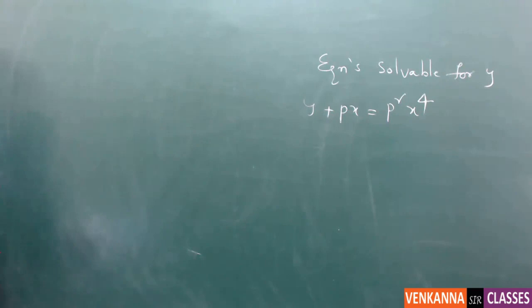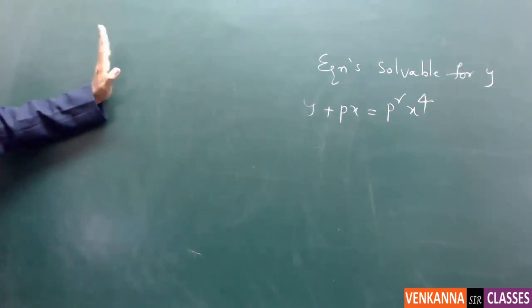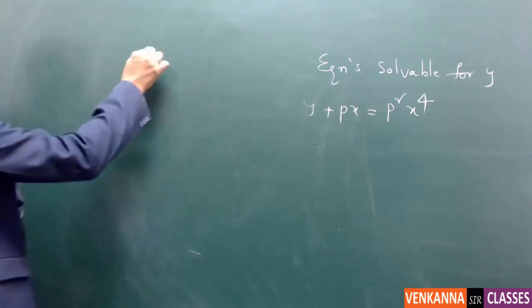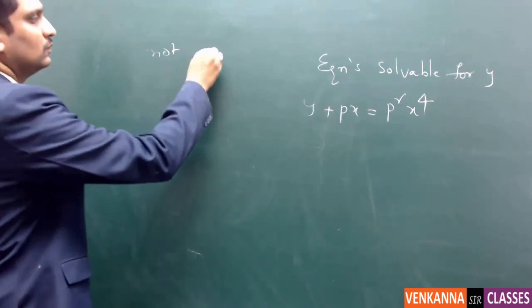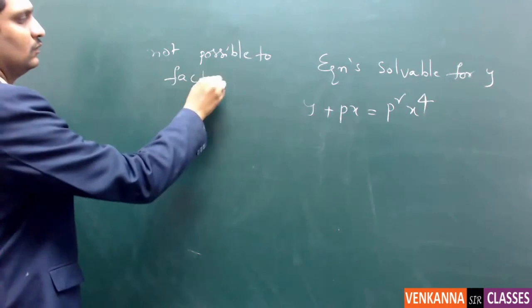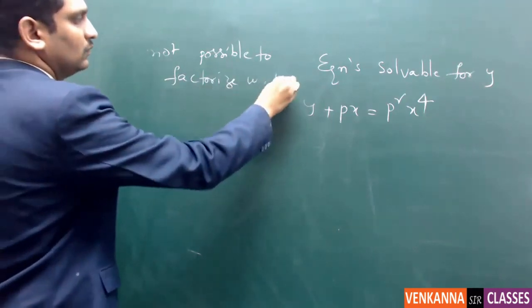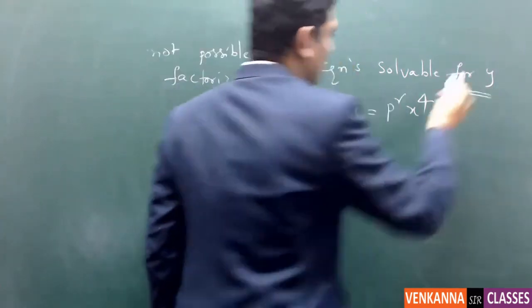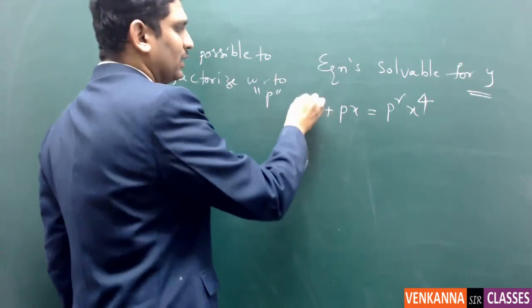Okay. So the first thing is, whenever the given equation cannot be factored under p, then we take care that it may come under the category of solvable for y or solvable for x. So here I say that this equation is solvable for y because y has power 1 here.